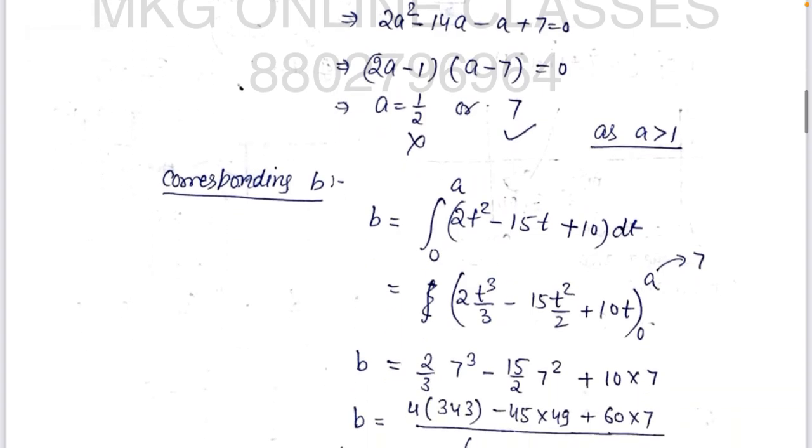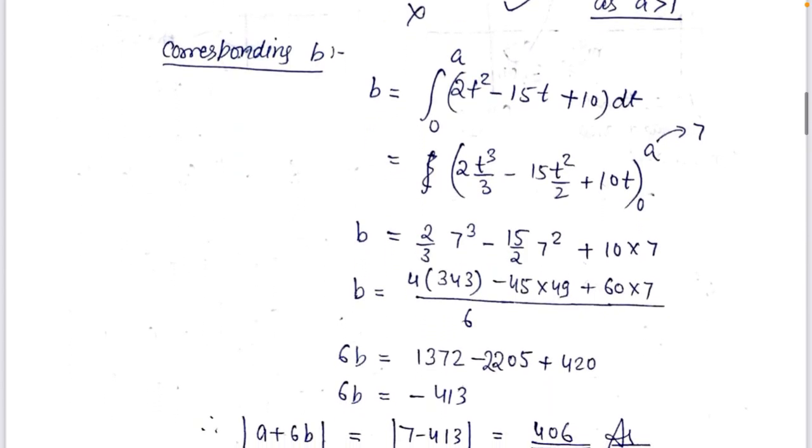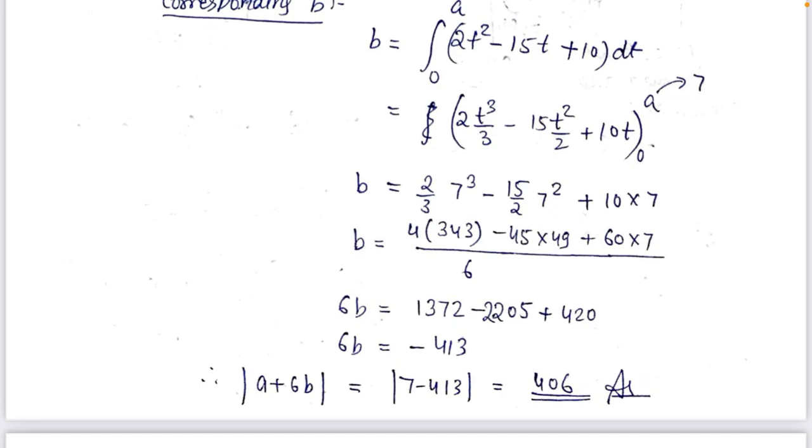Integrate this, put the limits, and you will get 6b equal to minus 413. So basically a plus 6b will be mod of 7 minus 413. So it is minus 406, so the mod of that is plus 406. So the answer for this question will be 406.